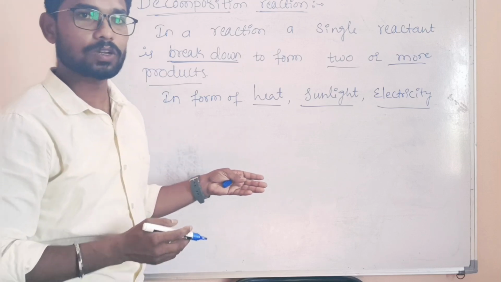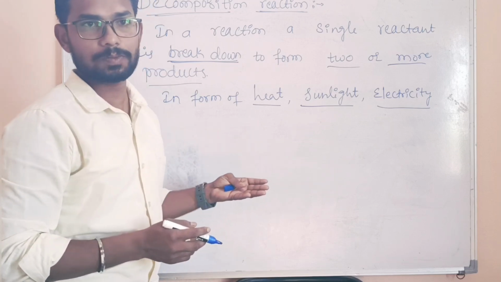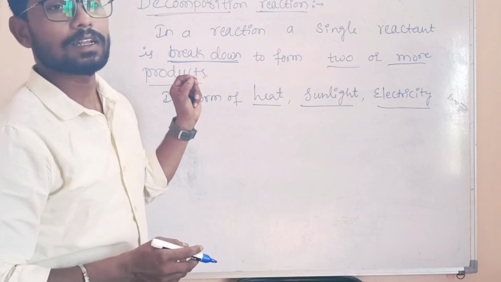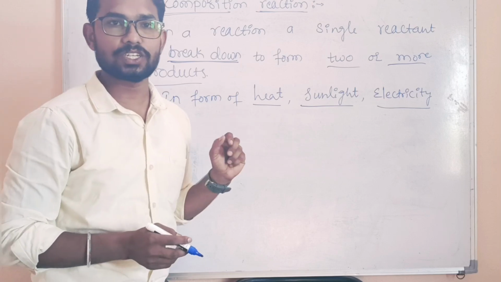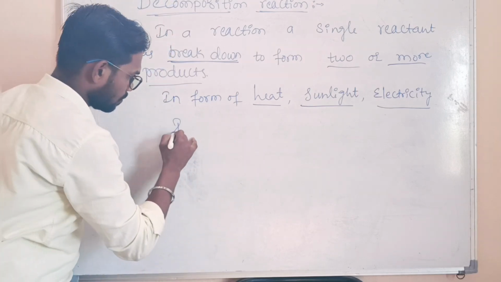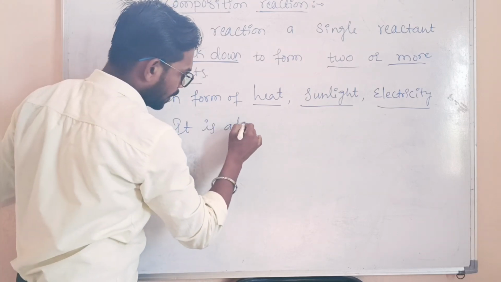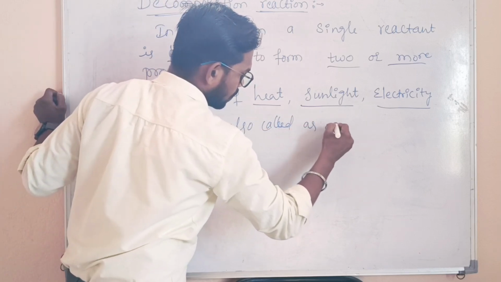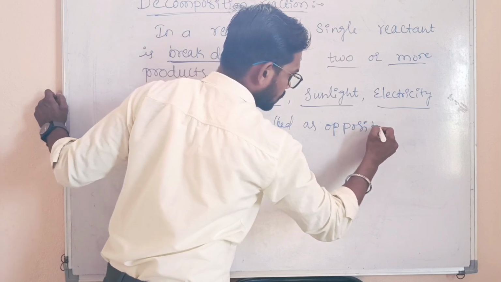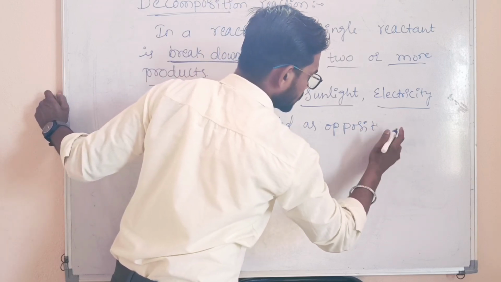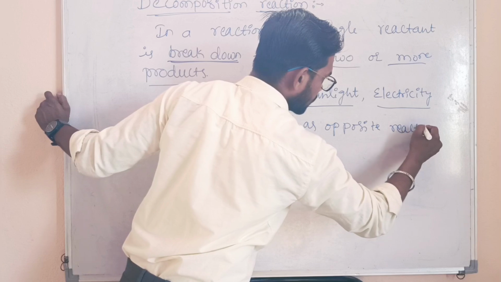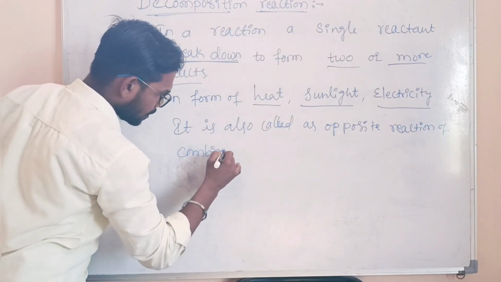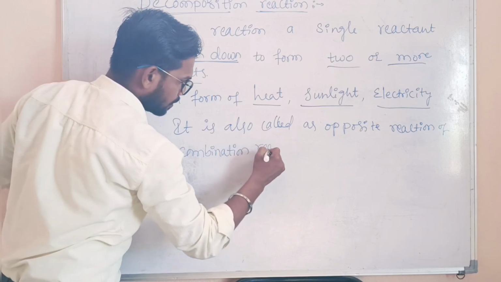We have already studied that in the equations, the reactants are present on the left hand side and the products on the right hand side. So this is the opposite reaction of the combination reaction.